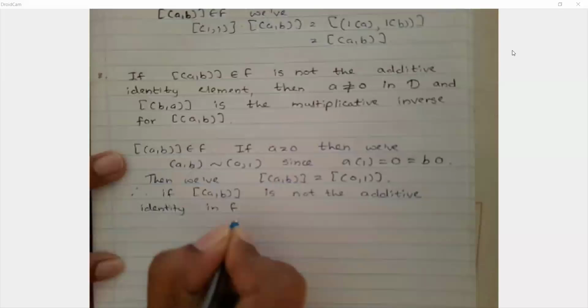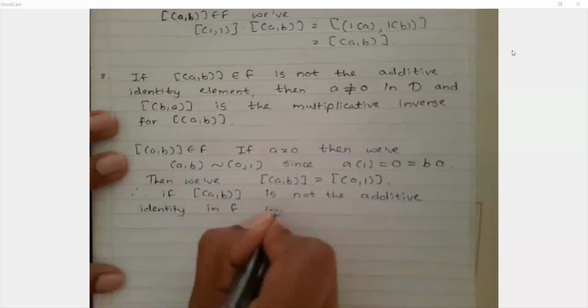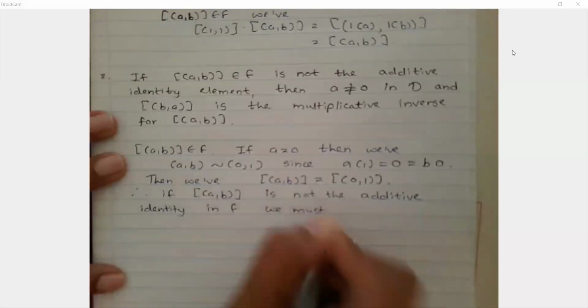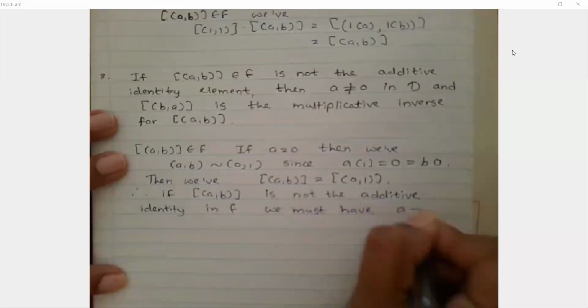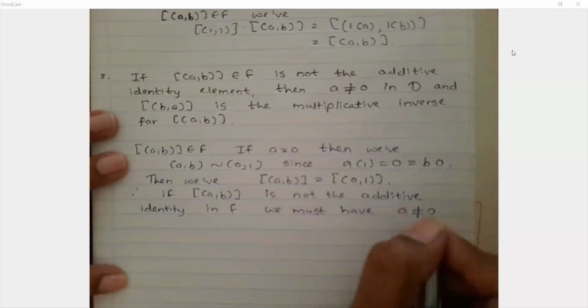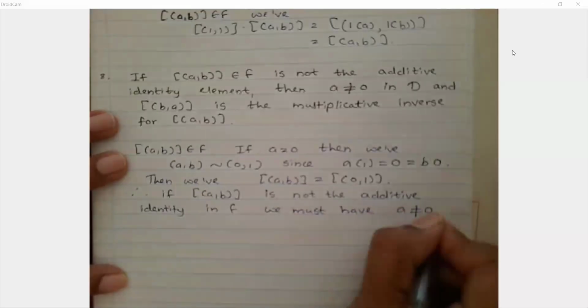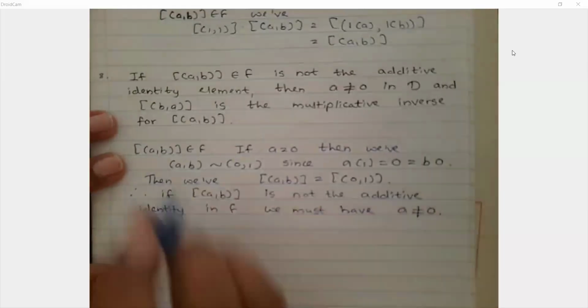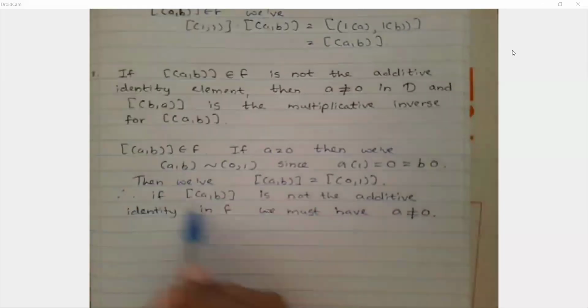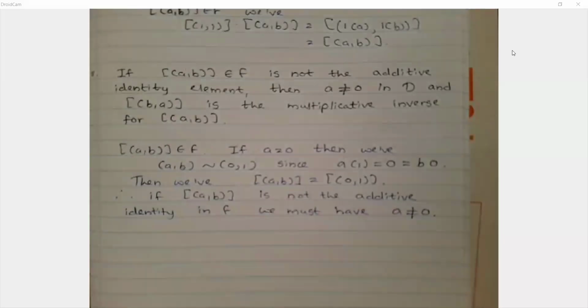In F, we must have A to be non-zero. Now observe, this tells you this element is not the additive identity. In that case, A is non-zero.